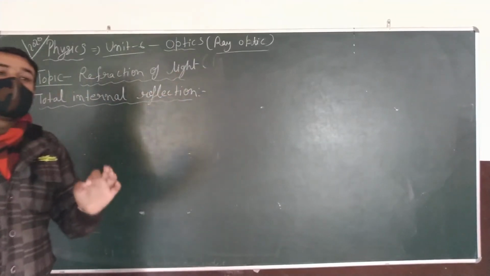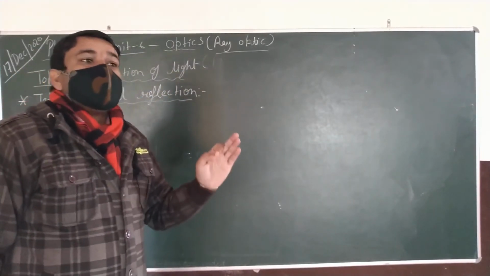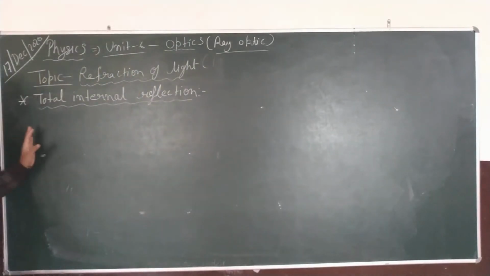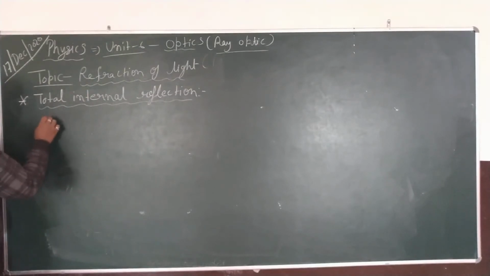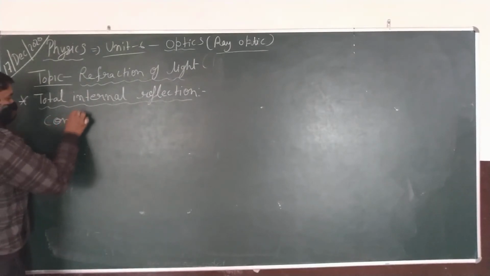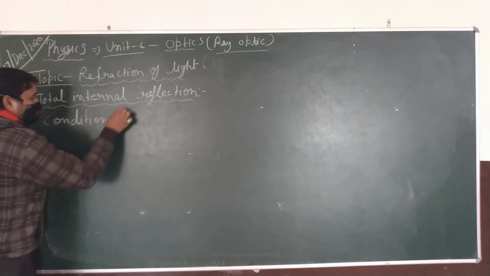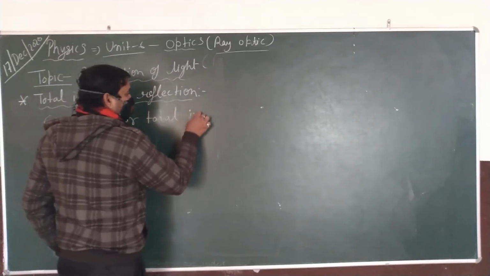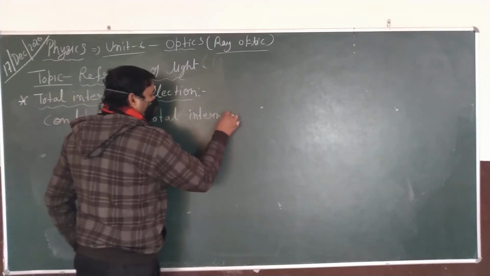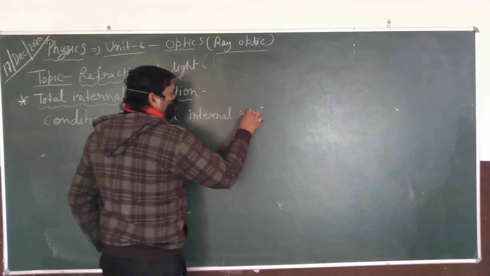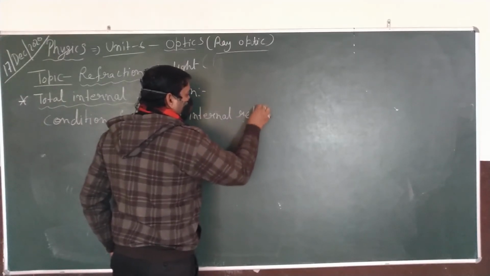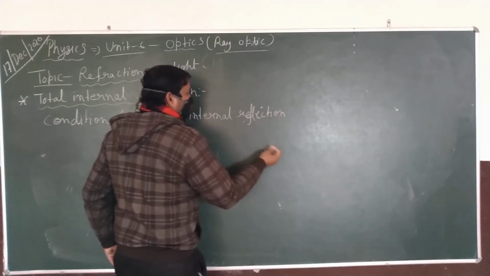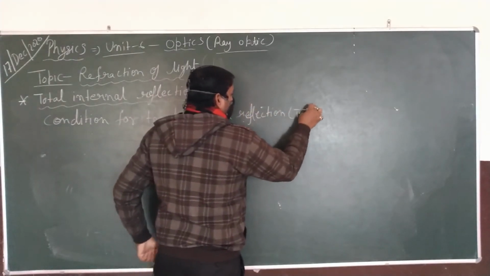Here we have two basic conditions for total internal reflection of light. Just we have these two conditions. First, conditions for total internal reflection, or we say directly TIR.